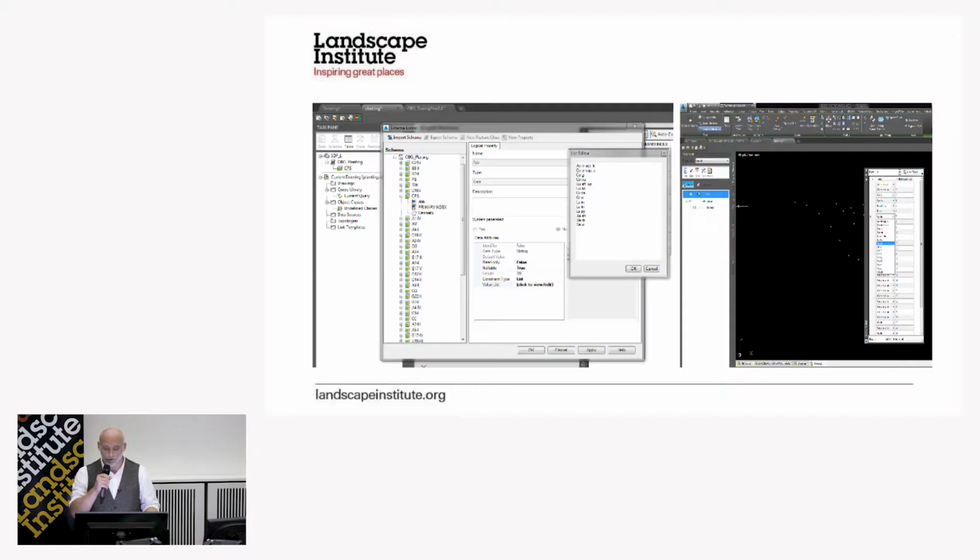And what we tried to do was make it as human-proof as possible, but we didn't give people any choice in what plants were going where, because plants for certain habitats had to go in that habitat. They couldn't be used anywhere else, and vice versa. So we set up things called domains, a restricted list, so that the user in a certain habitat was only able to use a certain plant, and that was done via a drop-down menu.